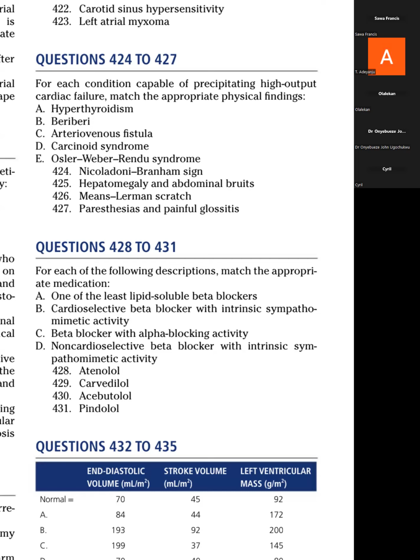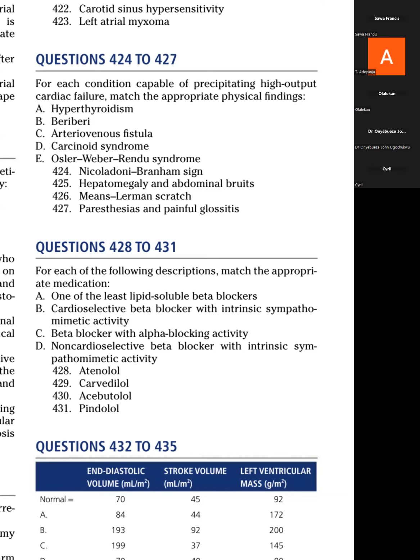And just as we discussed, acebutolol is a cardioselective beta blocker with intrinsic sympathomimetic activity. In that category, 430 should be B.